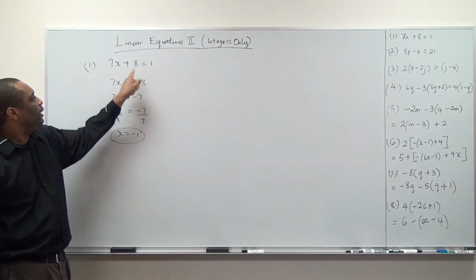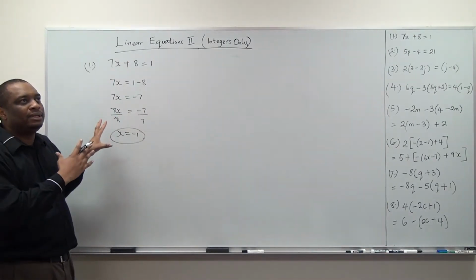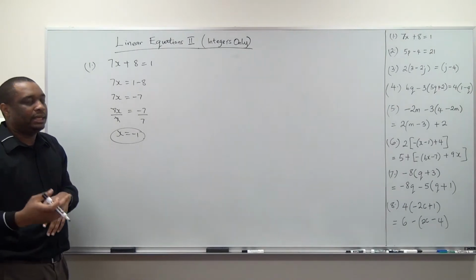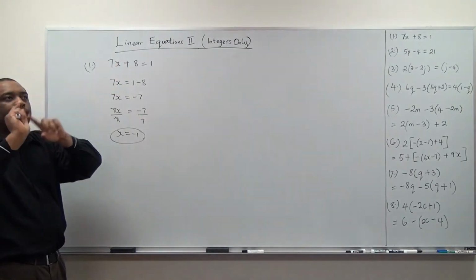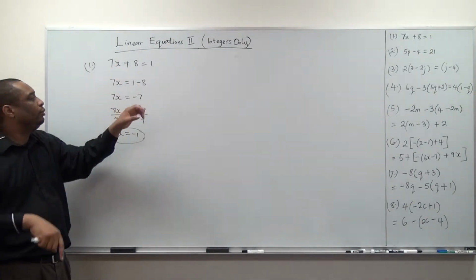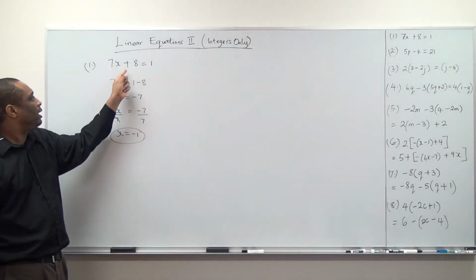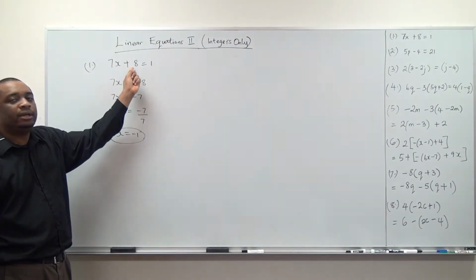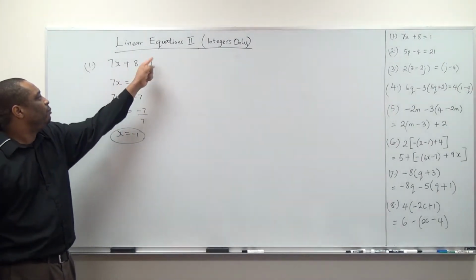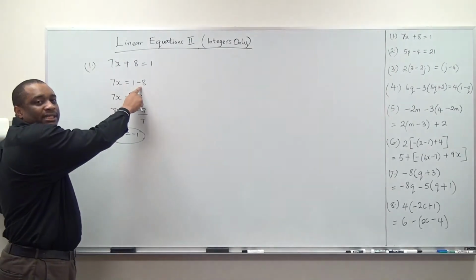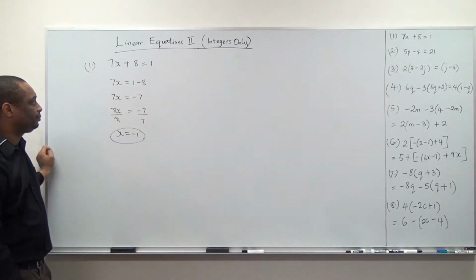Then you make sure that the variables stay on the left hand side, and the constants stay on the right hand side. When you move a term, you make sure that you change the sign. Like when I move the positive 8 on the left hand side to join the brother on the right hand side, it will change the sign to negative 8.